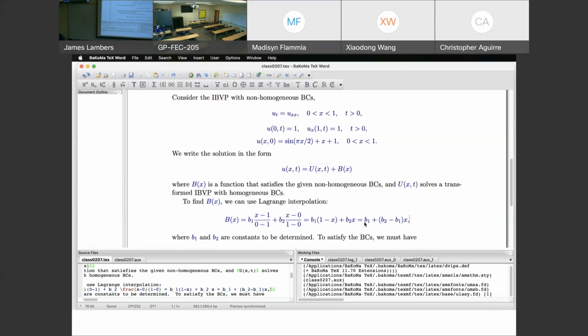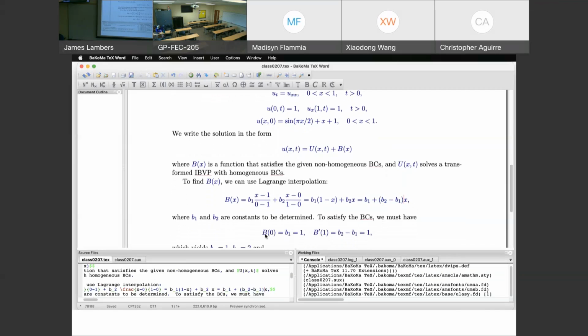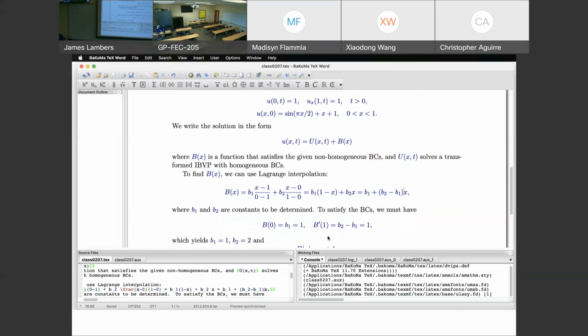Now, I'm going to enforce the boundary conditions on this function. B of 0, which happens to be B1, must be equal to 1. And then B prime of 1, which happens to be B2 minus B1, must also equal 1. Now I can solve these equations for B1 and B2.